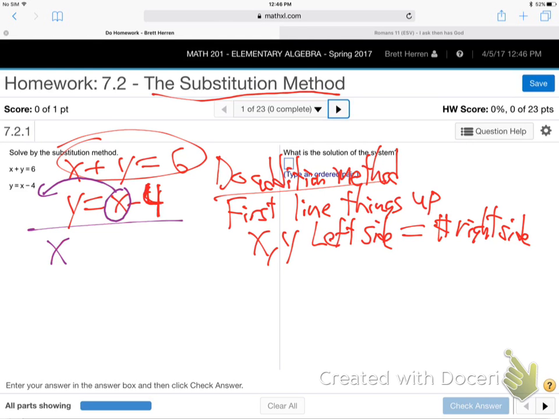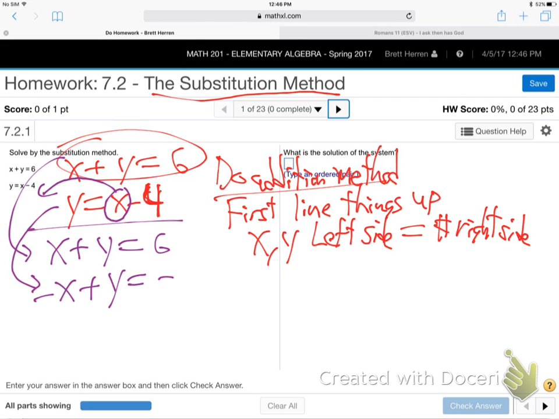So I'm going to rewrite the top equation, no change at all. But the second equation now becomes negative x plus y is negative 4. Does everybody see what happened there? When that x jumped to the other side of the equal sign, the cow jumped over the moon and changed to negative x. Now they're lined up, right? X over x, y over y, numbers over numbers.